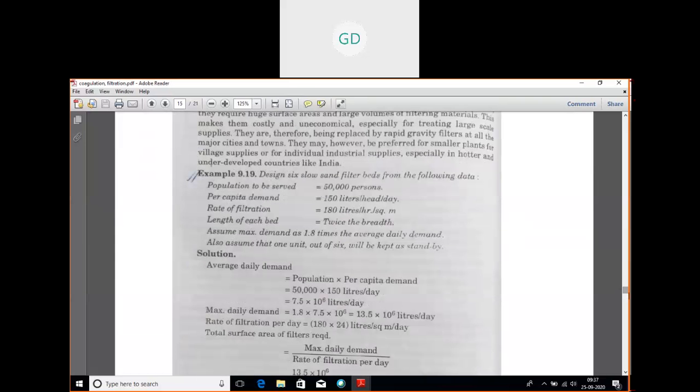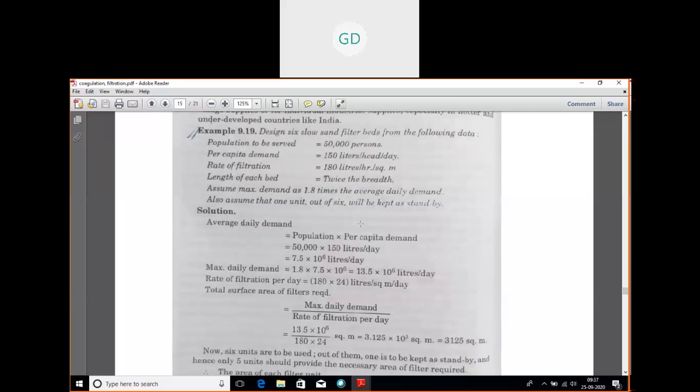We have discussed the slow sand filter and the rapid sand filter. So let us do a numerical related to slow sand and rapid sand filters. This is your first numerical regarding the slow sand filter.